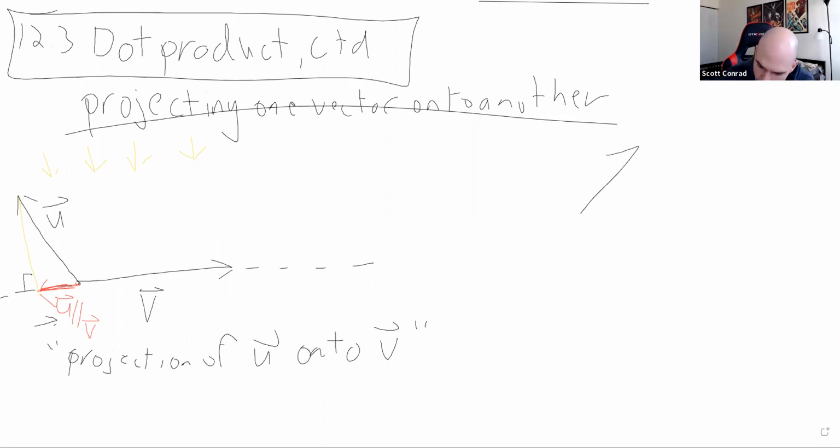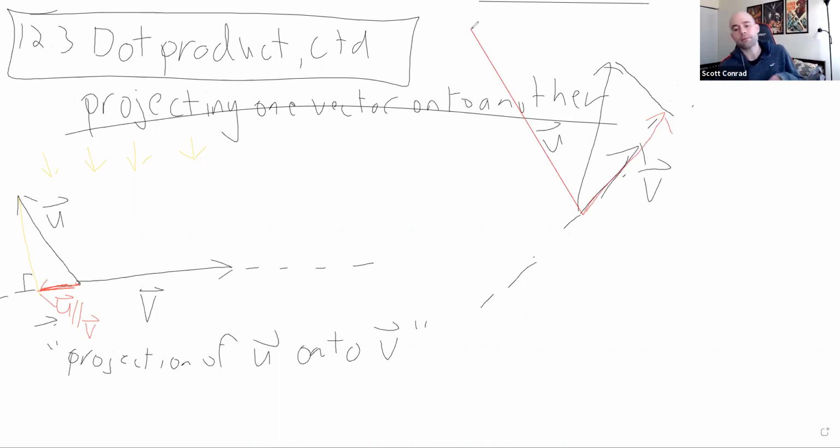I could draw V like this and say this is my U. And then if I look at the line containing V, consider that to be my ground, and look at the orthogonal projection down onto there. So here's the shadow of U onto V. Then that projection, oh my goodness, why does it do that?